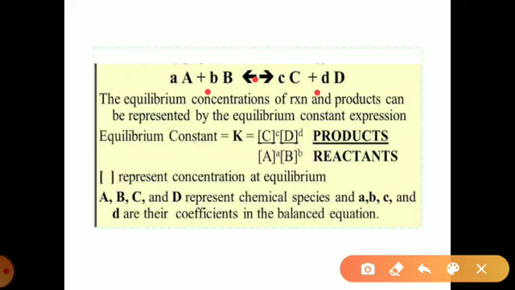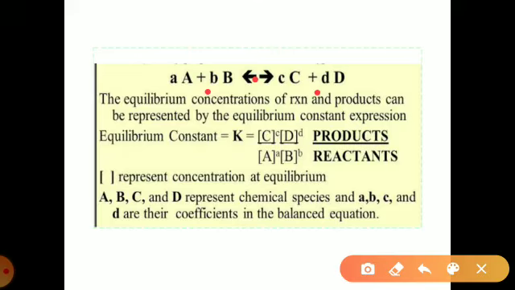Small a, small b, small c and small d are representing coefficient numbers from the balanced chemical equation, or you can understand that they are the number of moles that we use to balance a chemical equation.